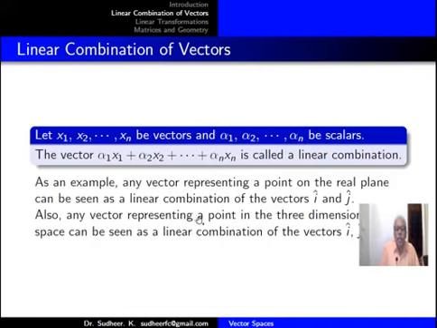As an example, any vector representing a point on the real plane can be seen as a linear combination of the vectors i and j, and that's the usual practice of writing a vector on the plane as xi plus yj, if the initial point of the vector is the origin and the end point is the point (x, y). Also, any vector representing a point in the three-dimensional space can be seen as a linear combination of the vectors i, j and k.